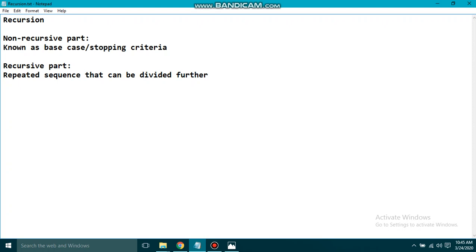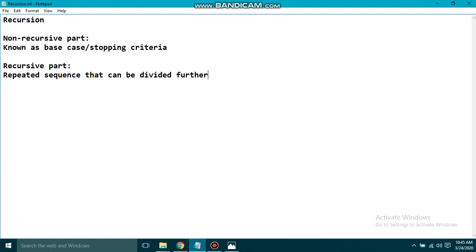Recursion is sometimes said to be similar to mathematical induction. So when we have to apply this recursion technique, first we have to find the mathematical or recursive definition of the problem. Then we implement it in our code.